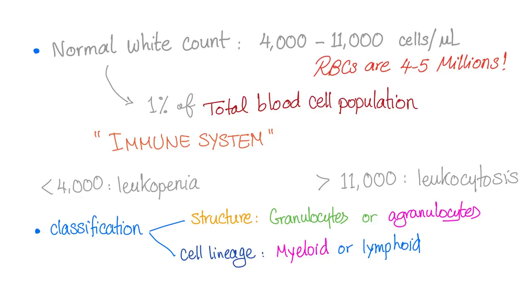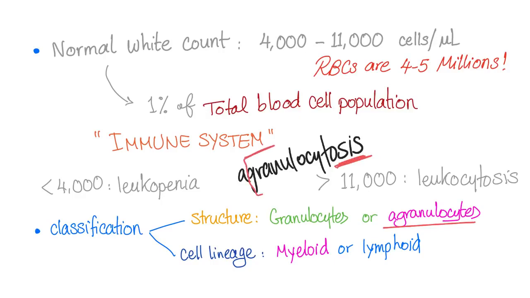Now, there is a condition called agranulocytosis. Students get confused. What do you mean by agranulocytosis? Do you mean that the agranulocytes are increased or that the granulocytes are non-existent? Is the A here negative, which means agranulocytes, or does A negative mean there are no granulocytes?